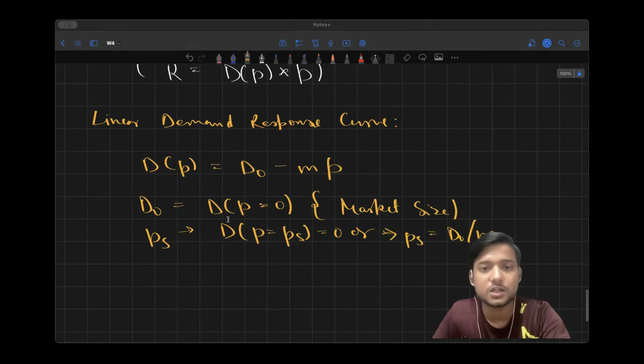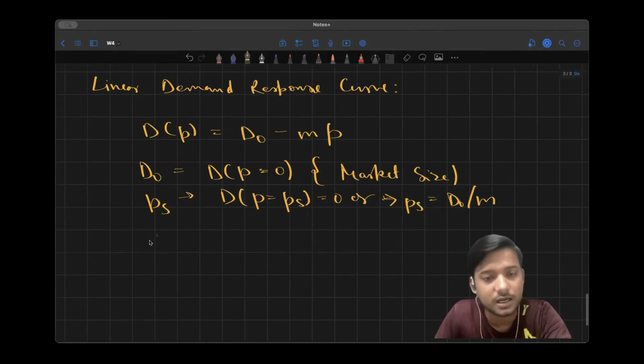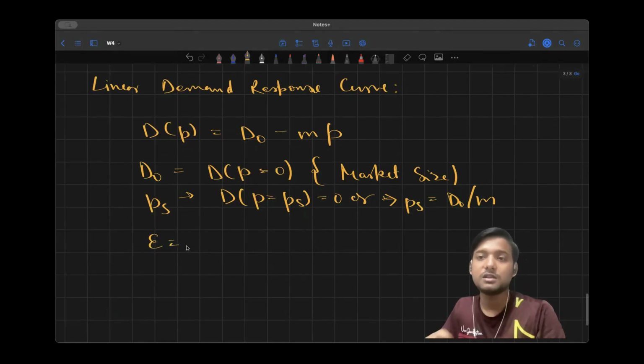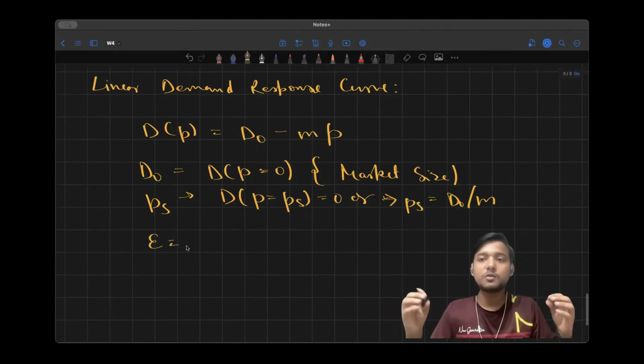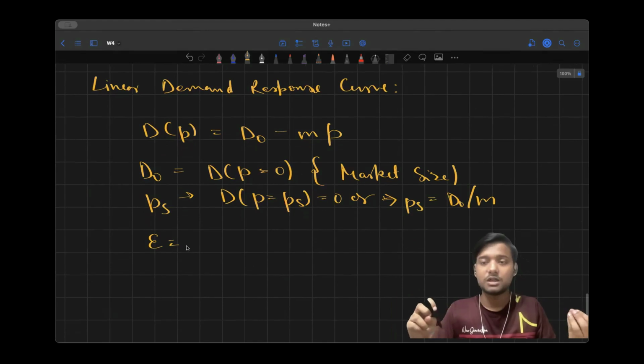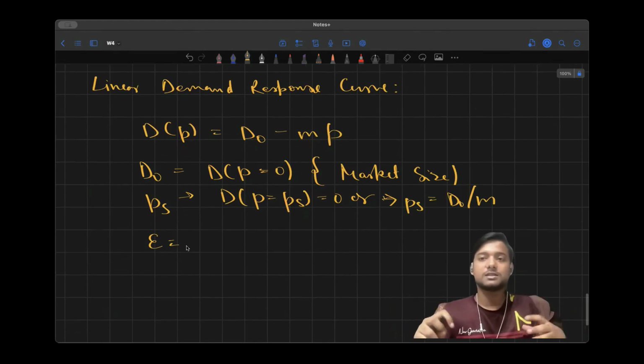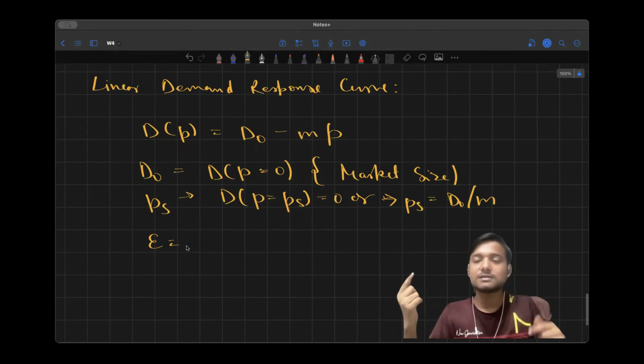And now we need to understand what our elasticity is. Throughout this course, we will be dealing with only demand elasticity, since we know for sure normal goods are there. If we increase the price, demand would decrease. We know this for sure.